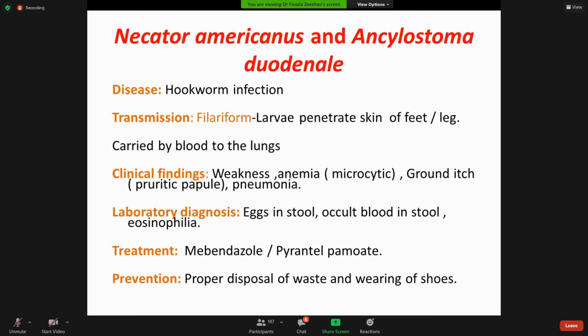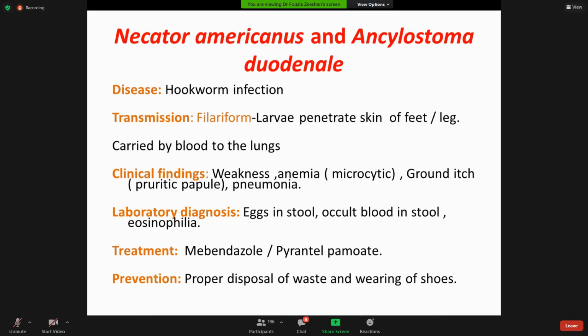The major clinical sign is anemia, that is a loss of blood, right? And it usually causes microcytic anemia, that is iron deficiency anemia. And then they cause weakness, obviously due to the anemia. They cause weakness, pneumonia, diarrhea, and pruritic papules form.